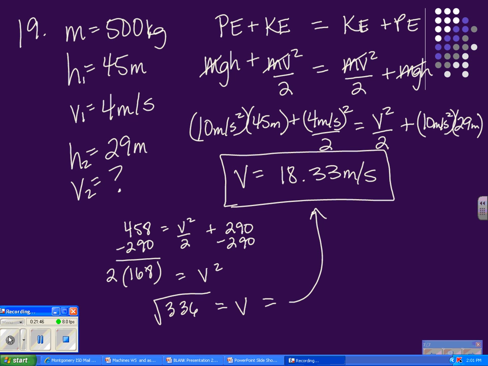The second part asks why your answer is not your previous answer that we got, 18, just plus 4. The reason for that is because kinetic energy is 1/2 mv squared. So because of the squared, you just can't add 4 and get the right answer. You have to do the square root and redo the calculation.